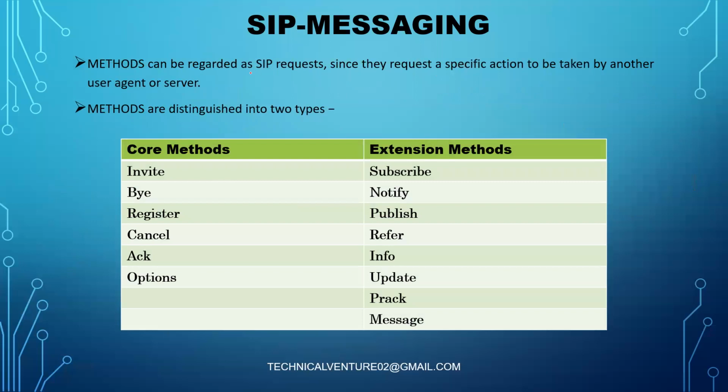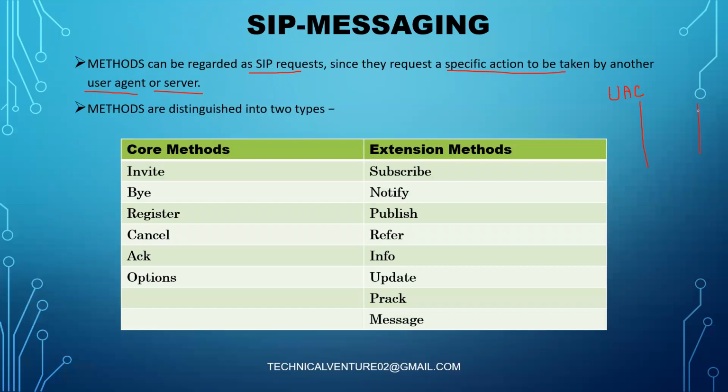Methods can be regarded as SIP requests since they request a specific action to be taken by another user agent or server. So what is a user agent or server? Like these two parties, whoever is initiating the request would be the user agent client.